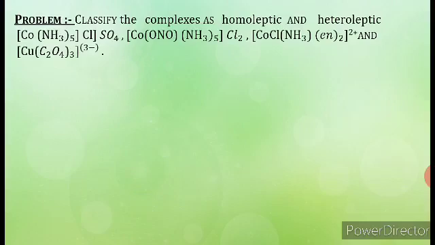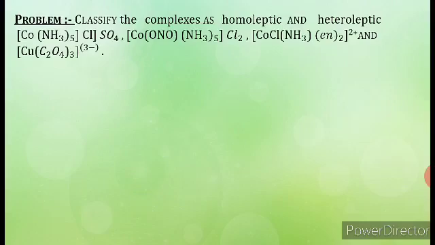Instead of copper, you should write cobalt or chromium over here. Chromium is also correct, because cobalt and chromium both show +3 oxidation state. Any metal which shows +3 oxidation state, you can write. Even iron shows +3 oxidation state, so you can write iron also over there. So this is wrong.